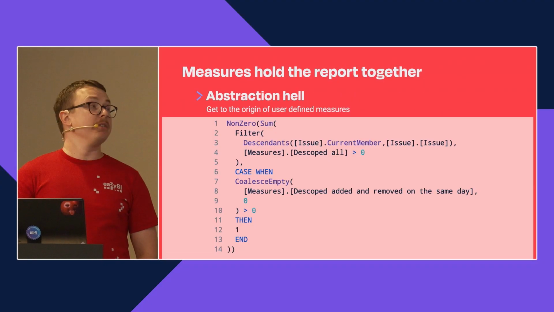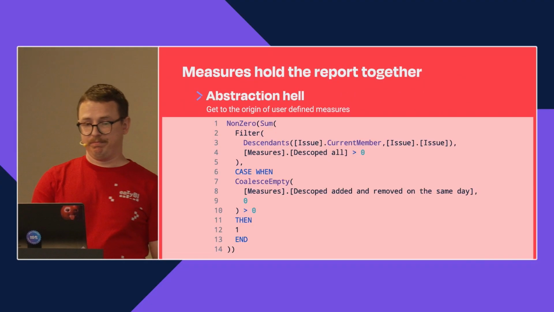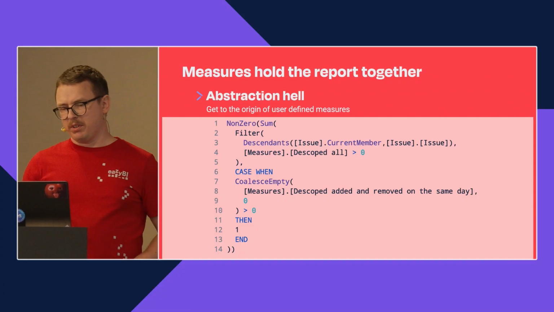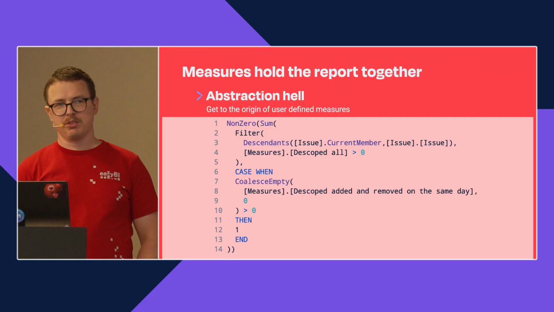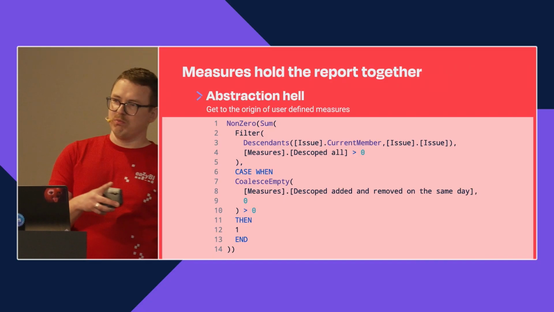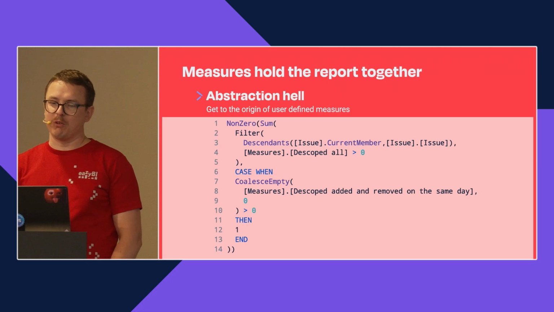The next one is abstraction hell. That comes from programming, but I think we can agree that some of it is also in calculations. So beware of nested calculations.